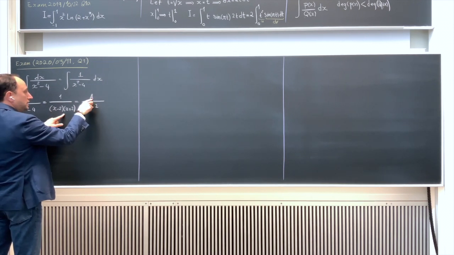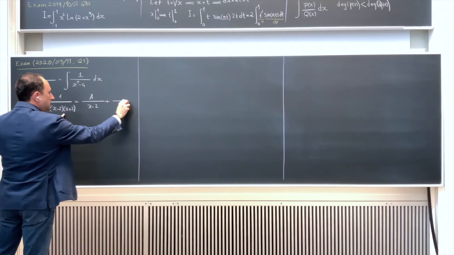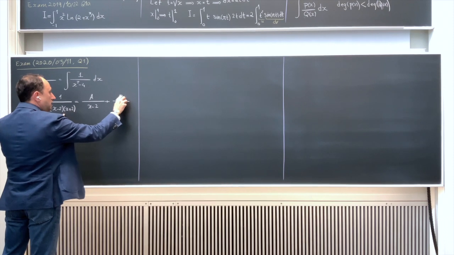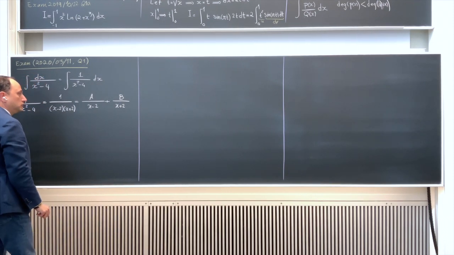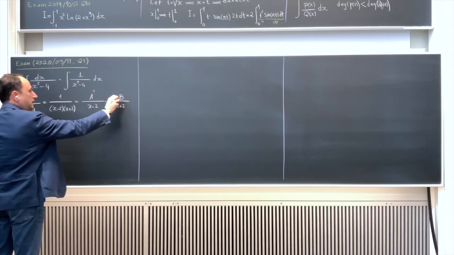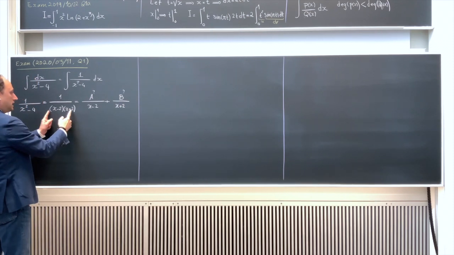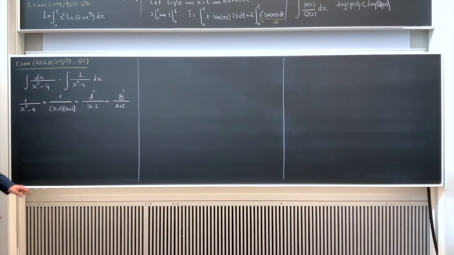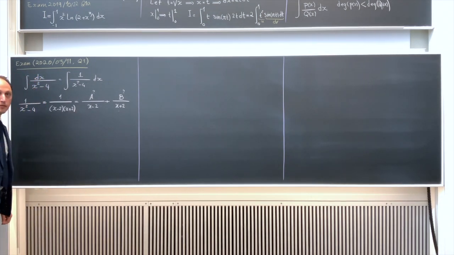I want to determine that A, and then plus, I put this as the denominator of the second fraction, and I put a B in the numerator. So I want to fine-tune this A and B so that this fraction can be written as the sum of these two fractions. So these are called partial fractions, yes?